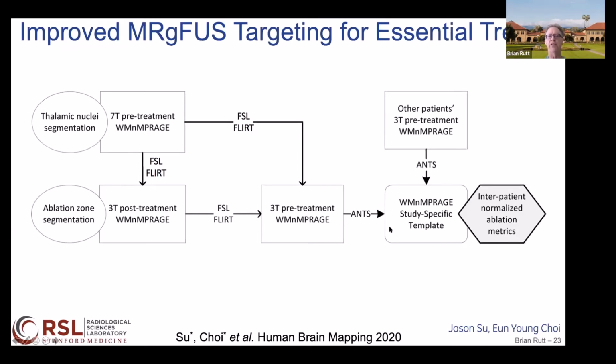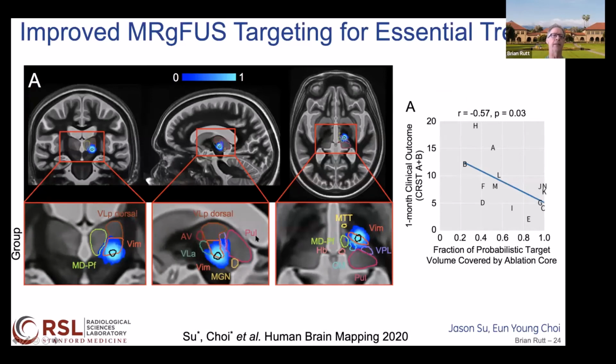We made use of this common space to study ablation metrics and effectively resulting in something like this. A probabilistic lesion or probabilistic target was created across the 14 subjects in this trial. So this region represents the statistical definition of the ablation that was actually achieved.